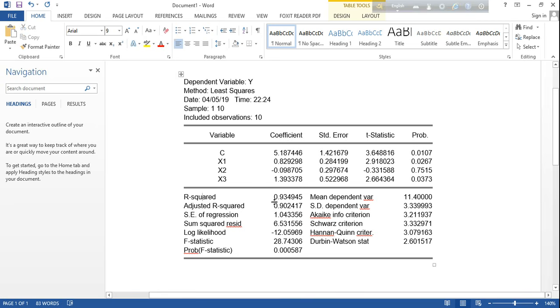These two values talk about the same result, but adjusted r squared is more acceptable than r squared. The interpretation is that the more the value of adjusted r squared or r squared, the more fit the model is.